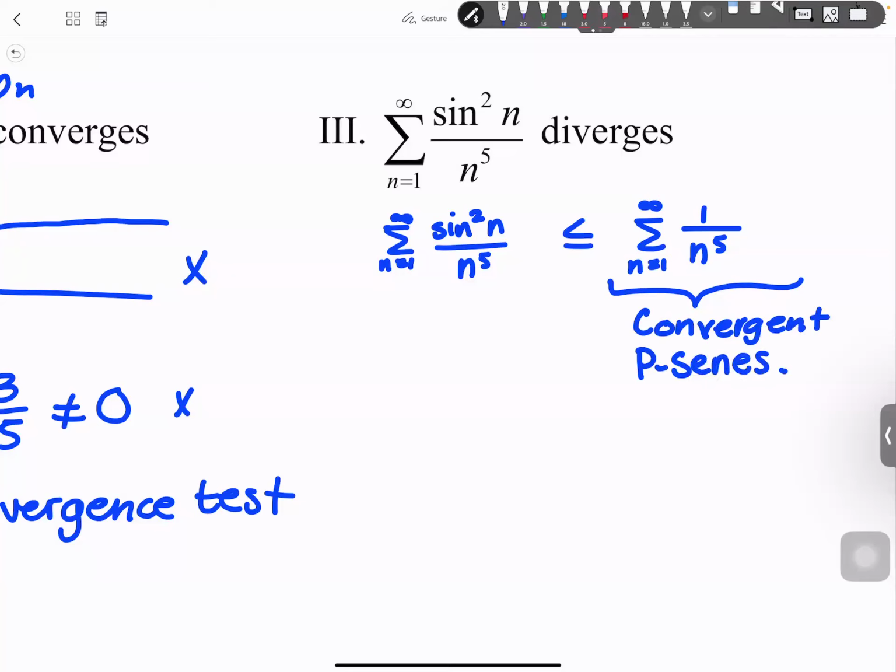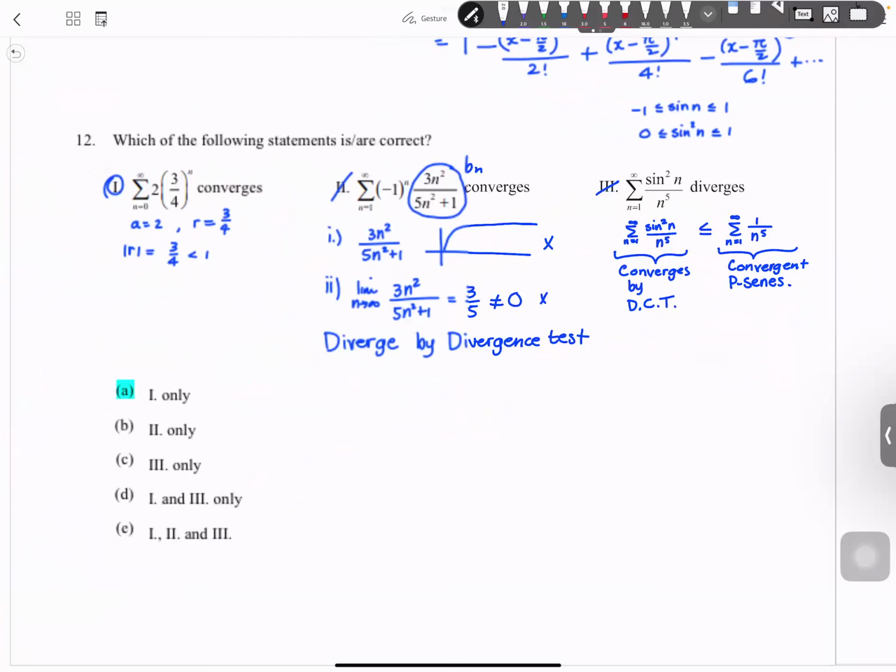So then the direct comparison test says, because this is a series that is larger than the original, by the direct comparison test, my original series will also converge. So this guy converges by the direct comparison test. All right, so this statement is also incorrect. It is a convergent, not a divergent series. So the answer here is going to be answer A, 1 only. The only correct statement is statement number 1.